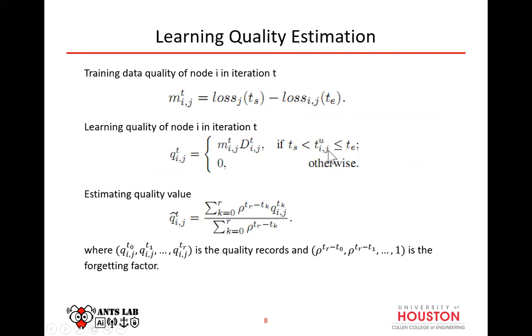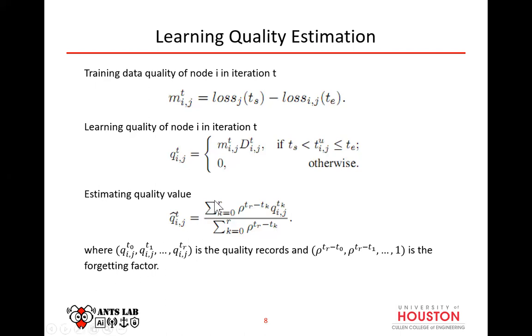And the quantification of the learning quality should reflect how useful the local model updates can contribute to the global model. Here, they use the loss reduction in each iteration to quantify the training data quality. And then the learning quality depends on both the training data quality and the training data size.